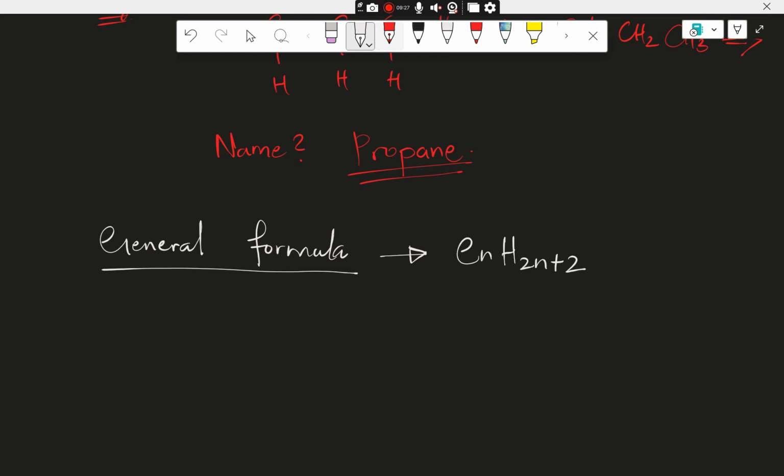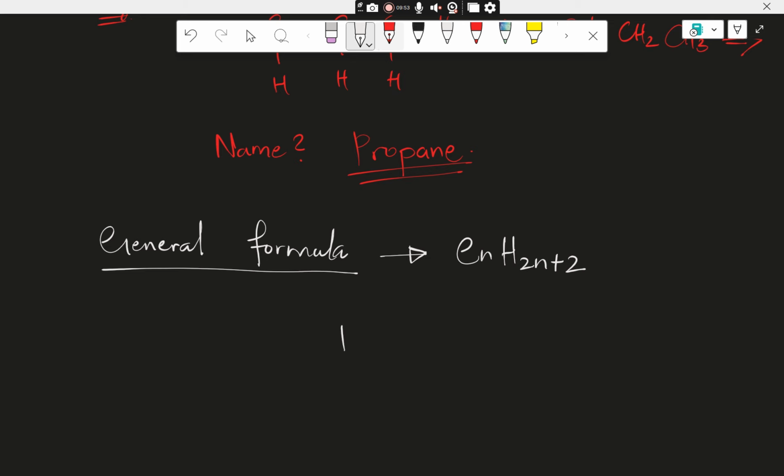When we talk about hydrocarbons and then alkanes, it's a group of hydrocarbons, and that group has a general formula. For example, in math, when you talk about an arithmetic series, it has a certain general formula. And when you talk about the quadratic series, you also have a different type.